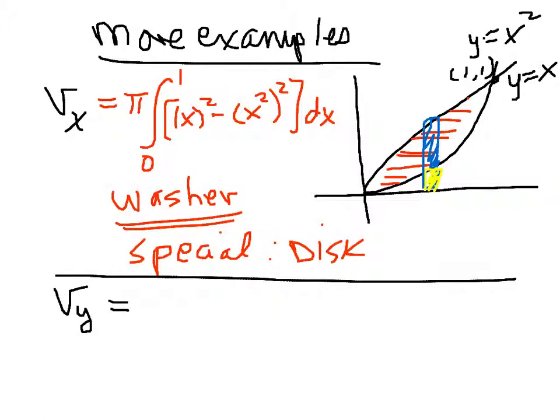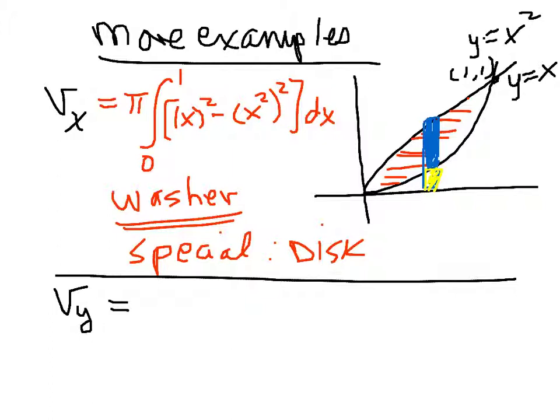So suppose we take that same region, I'll make it a little bit darker, this rectangle right here, and I'm going to rotate that around the y-axis. Well, that's going to give us a shell, and the only change here is going to be in the height of the shell. The radius is still x, the little width is dx, and the height is just this much, which we have already learned to be top minus bottom.